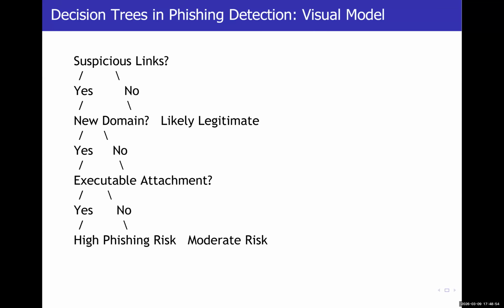Depending on the answer, the model follows a different branch and evaluates additional features such as domain age or attachment type. By progressively narrowing the possibilities, the tree eventually reaches a leaf node that indicates the predicted risk level, high phishing risk or moderate risk.